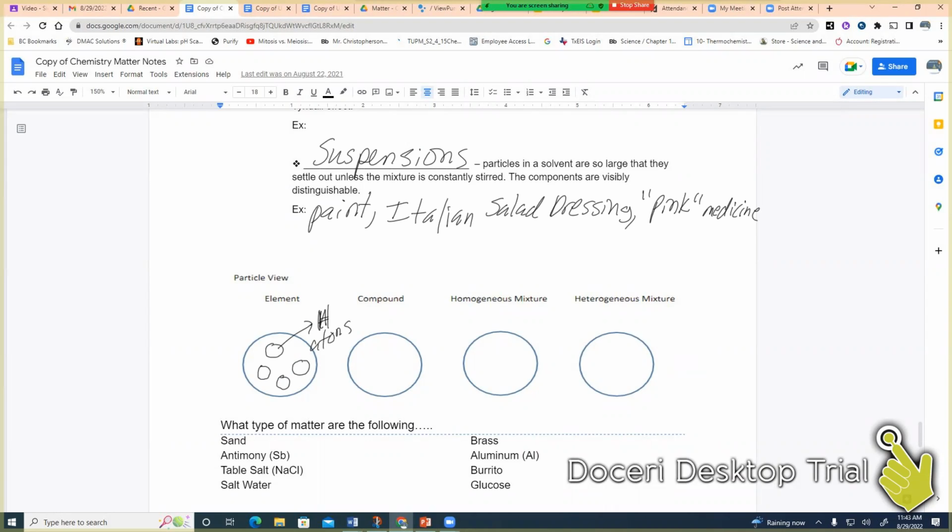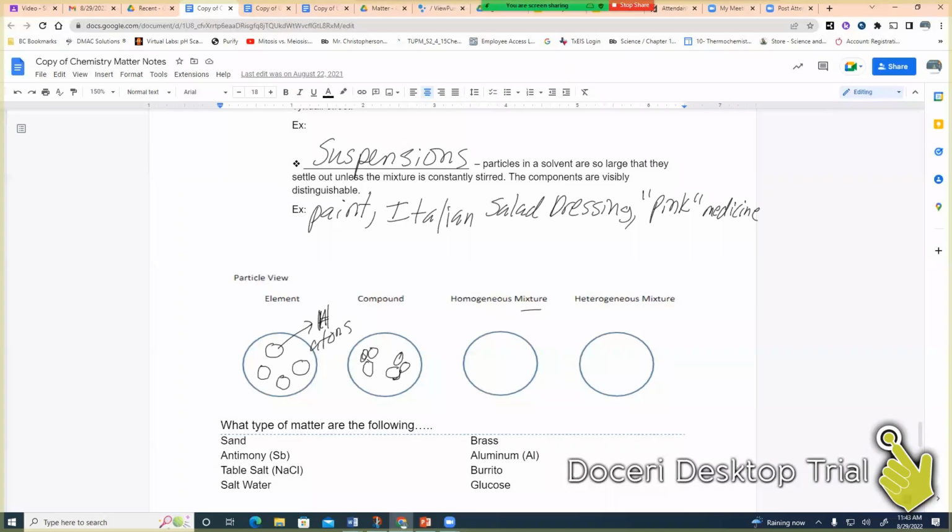In a compound, I'm going to try to make something like water. So that would be two little hydrogens, right? And then a bigger water. Not very good. So that's supposed to be a water molecule.